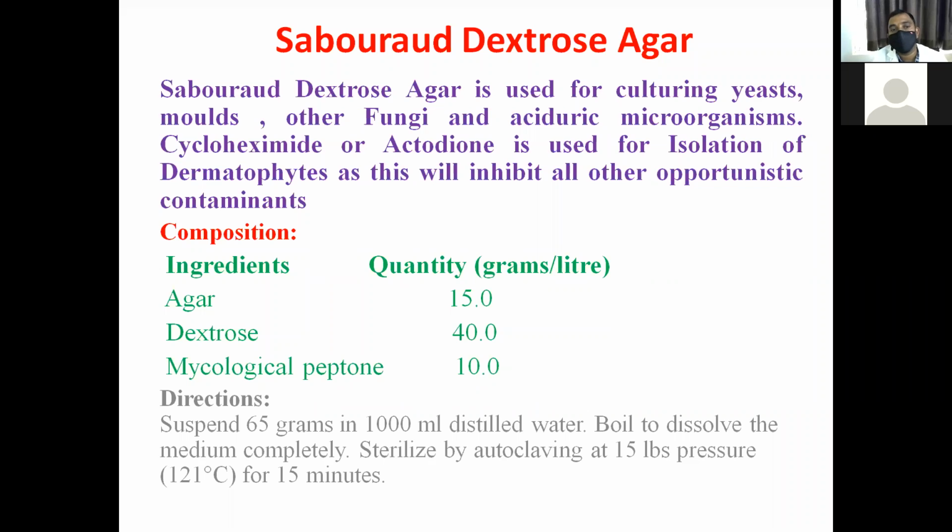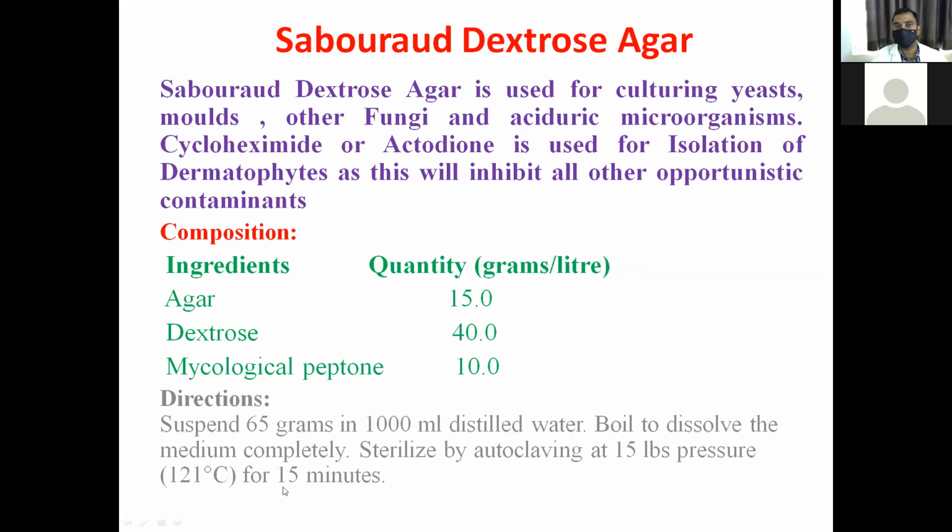Composition of Sabouraud dextrose agar: agar 15, dextrose 20, mycological peptone. Directions: suspend 65 grams in 1000 ml distilled water, boil to dissolve the medium completely. Sterilize by autoclaving at 15 lbs pressure at 121 degrees centigrade for 15 minutes.